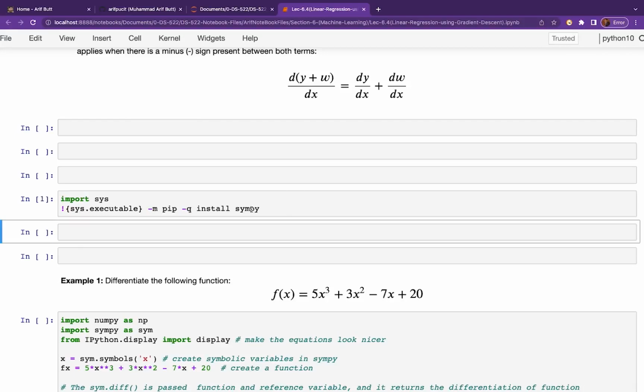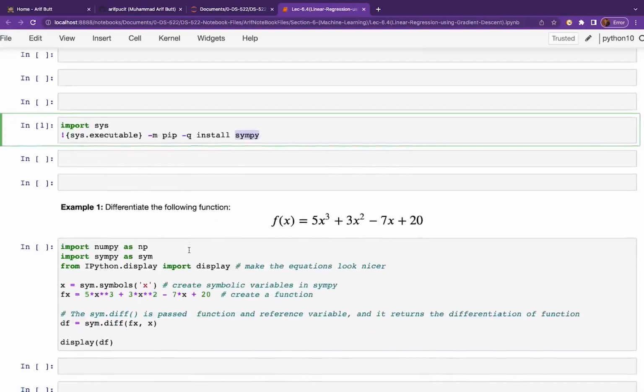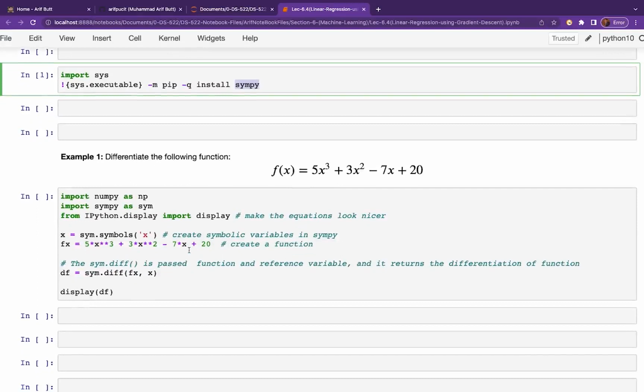If you haven't installed SymPy, you can do that by executing this code, as it doesn't come bundled with Python, so you have to install it. Okay, let us differentiate this polynomial by applying the above discussed rules. Please do it using paper and pencil before you execute the code of this cell for auto differentiation.